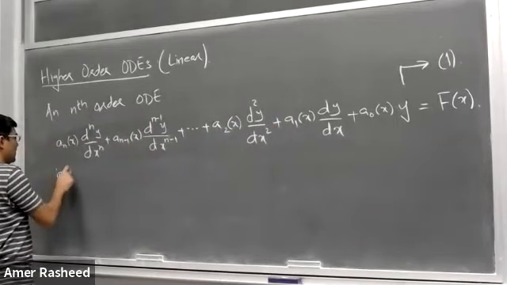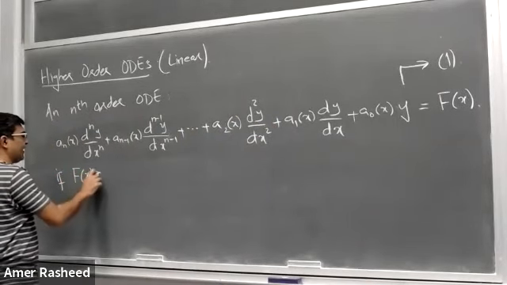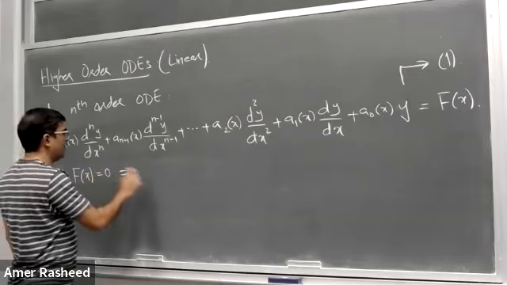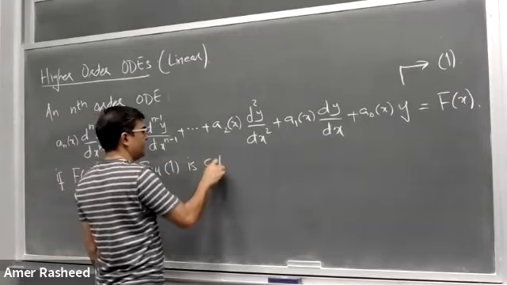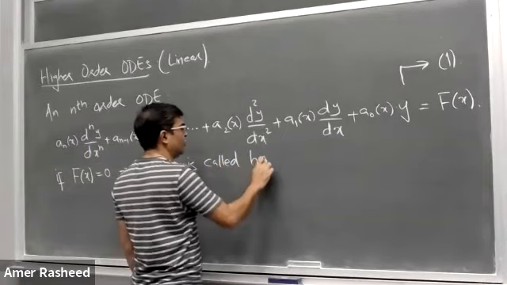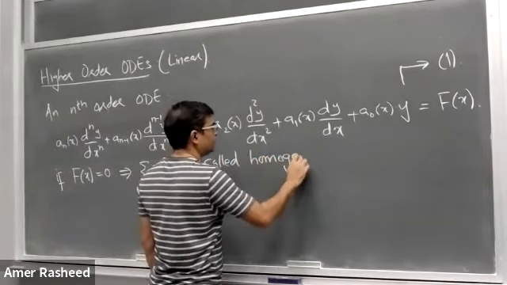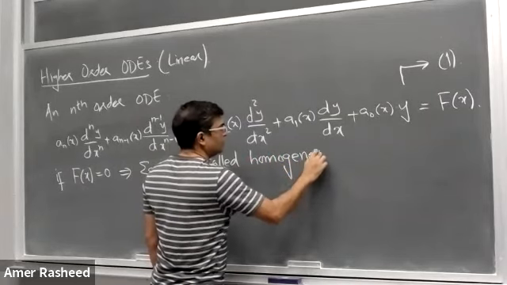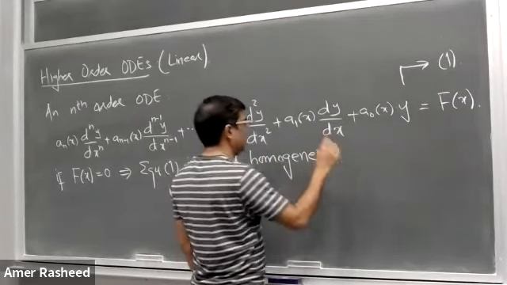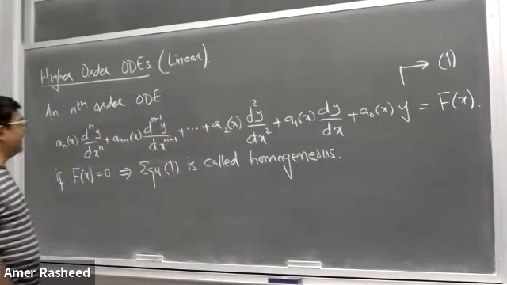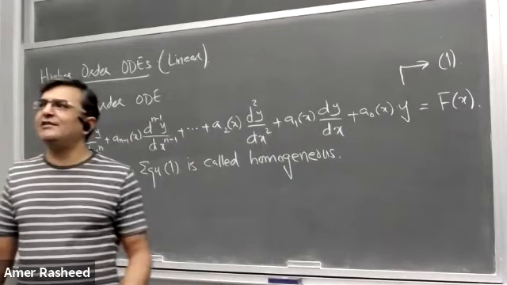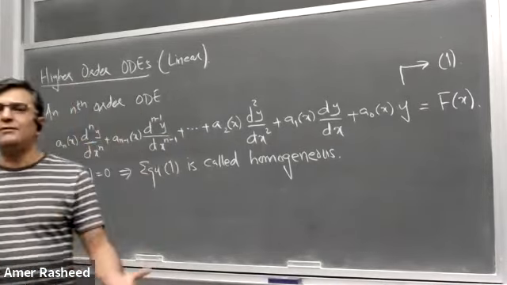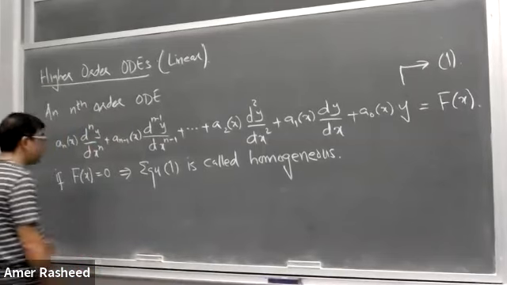If the right hand side function f of x is 0, then this equation 1 is called a homogeneous nth order linear ODE. I told you earlier. If we define initial conditions along with this differential equation, it becomes an initial value problem.